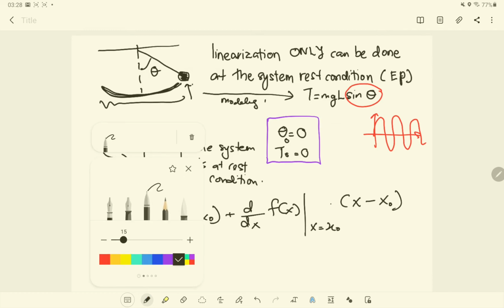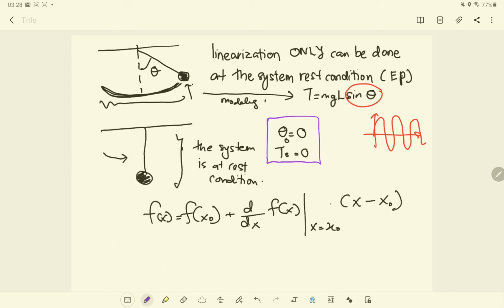And from the equation, if you can see, there are two functions, x naught. So you have to determine what x is from the equation.